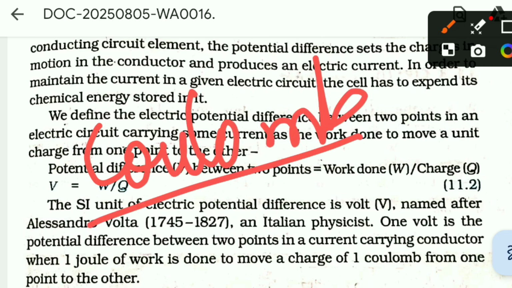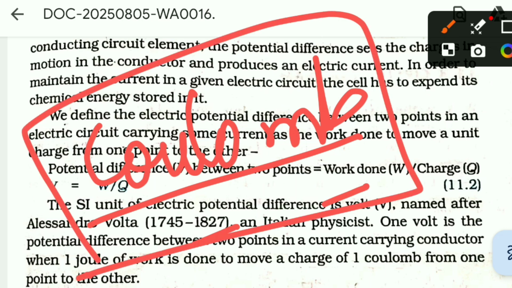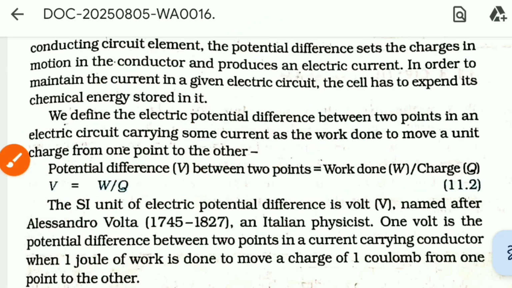It is nothing but the SI unit of charge is coulomb. Understood? So work done in carrying 1 coulomb of charge from one point to another point in a circuit is called potential difference.